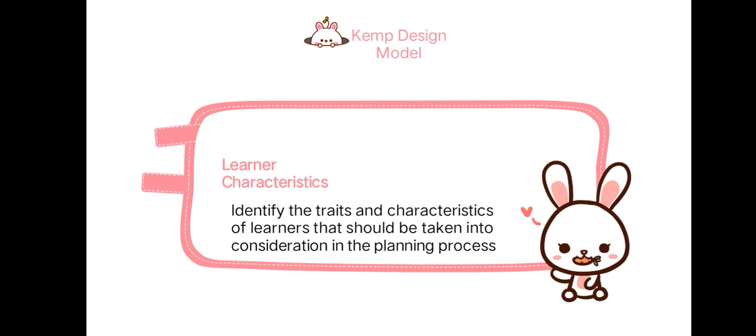Teachers should think about the different aspects of their students that may influence their learning experience, such as prior knowledge, learning style, and motivation, because students have different levels of motivation and interest. Not just motivation and interest, even the cultural background and special needs, because some students may have specific learning needs or disabilities that require accommodations or modification. That is learner characteristics.